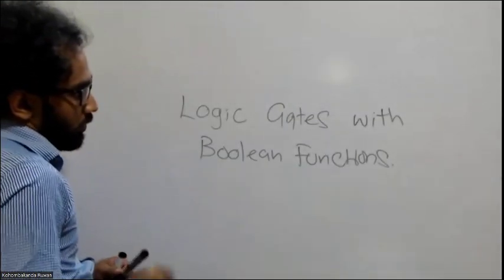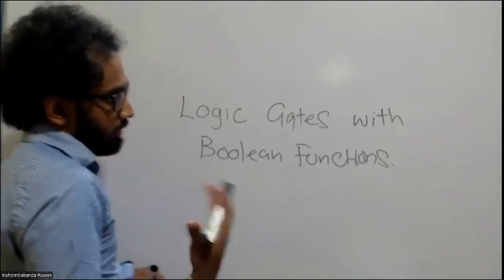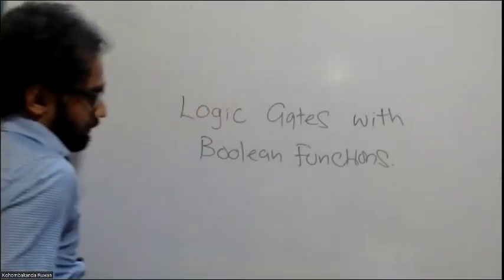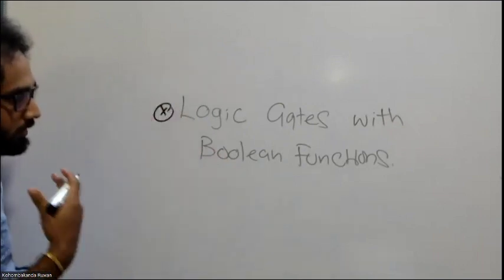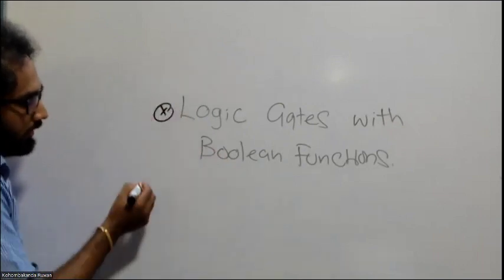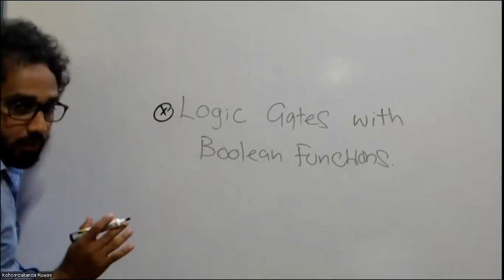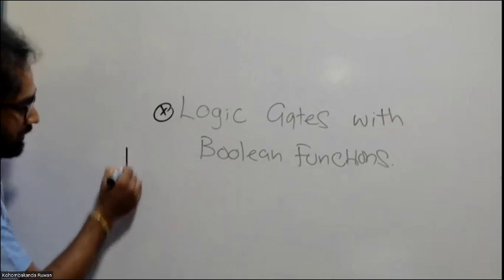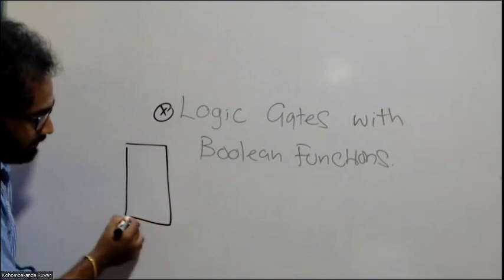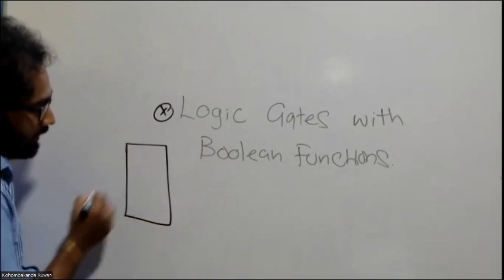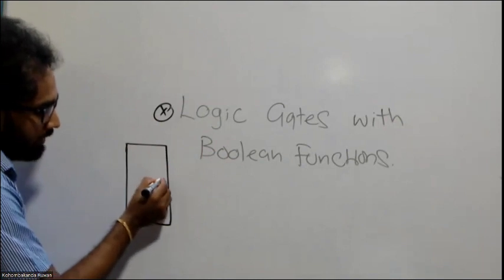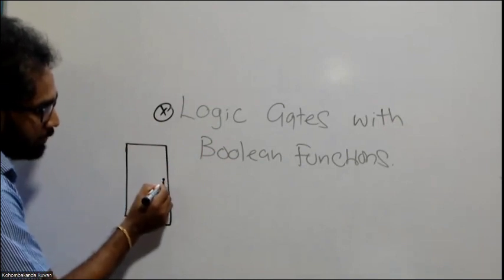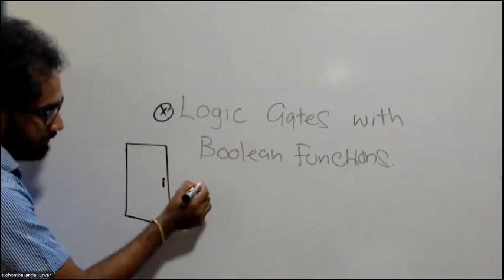If we're going to talk about logic gates, or this technical concept, I will explain using some simple examples, right? Assume that there is a door. If you want to open this door, you have to use a key.